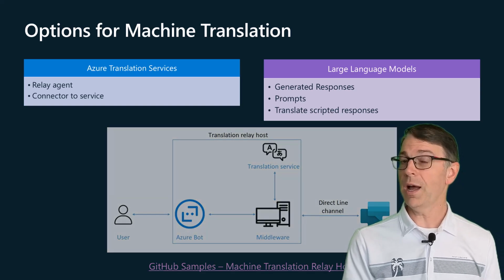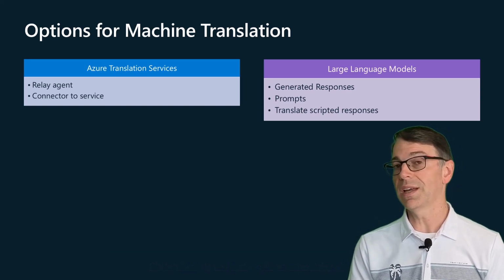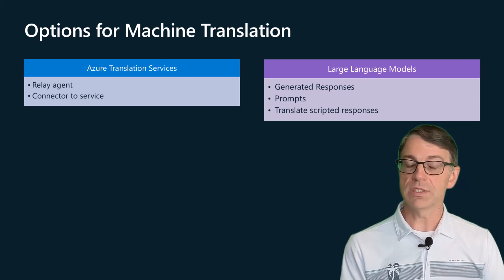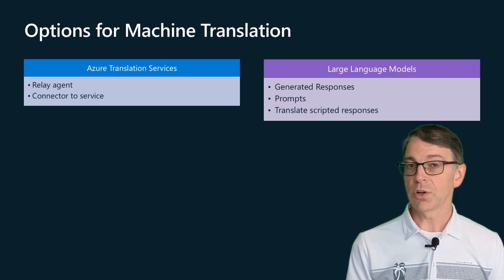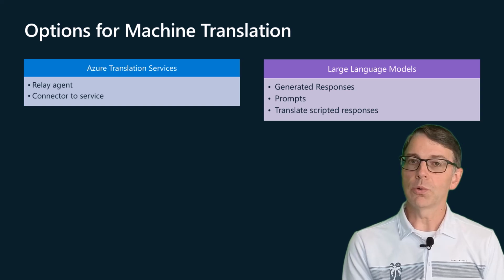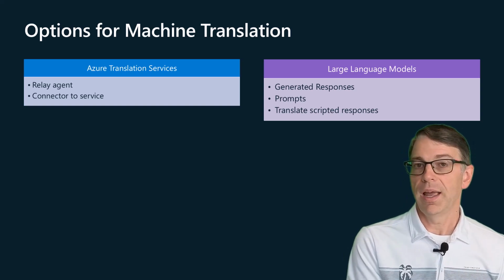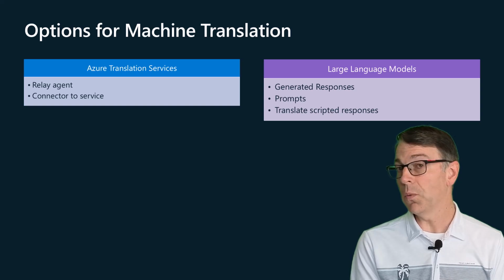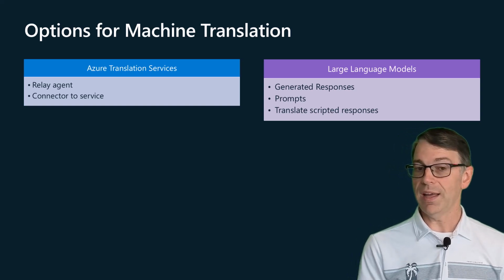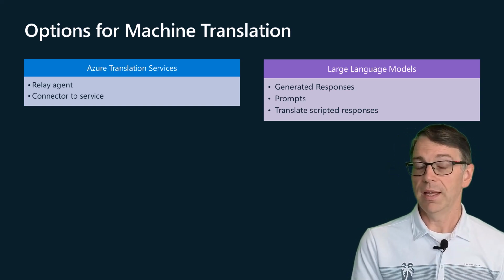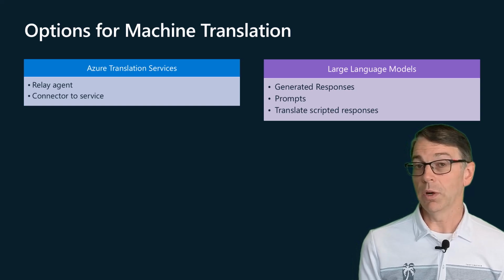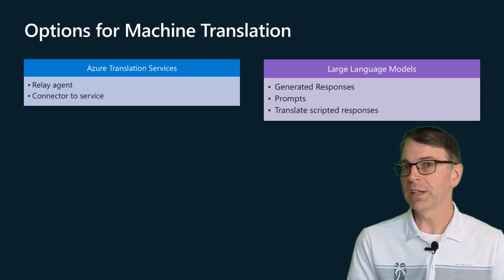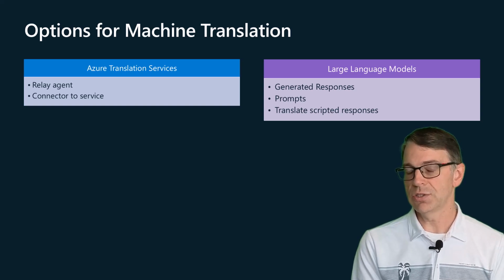Now, the other option is that you can also use a connector in the back end. So you could say, I want to take the connector as a service and just go grab that connector and do a quick translation of anything that you really want. So just be aware that that is also an option that a lot of people may decide to use, but it's just a basic translate this particular string using Azure Translation Services.